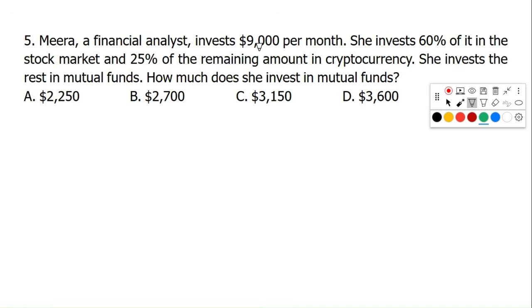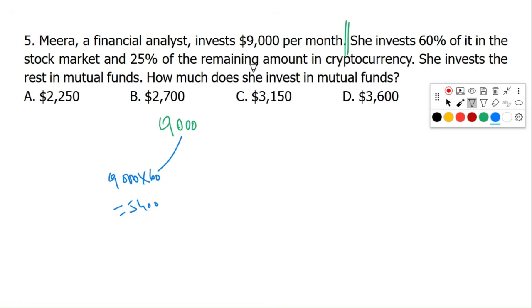Mira, a financial investor, invests 9,000 per month. Okay, we are there up to this point. She invests 60% of it in the stock market. So 60% of 9,000 is equal to 5,400.